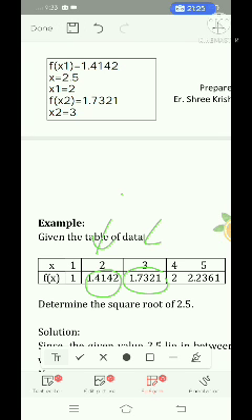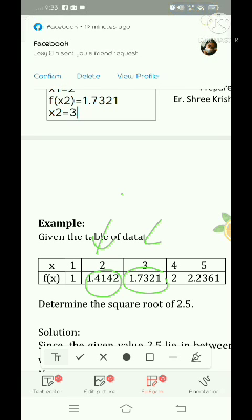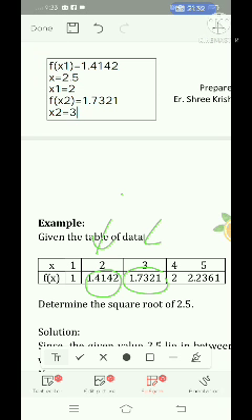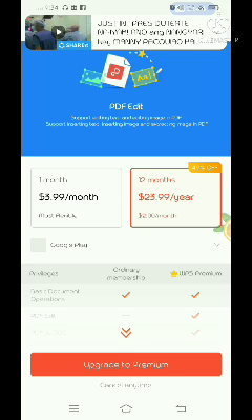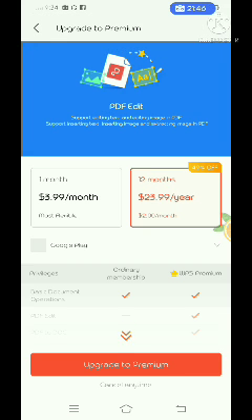Ay, nag-save lang. So, based on our equation, substitute tayo.